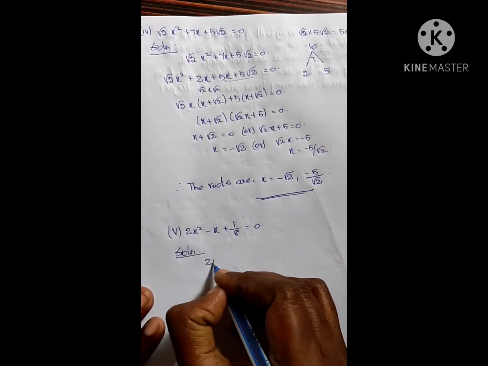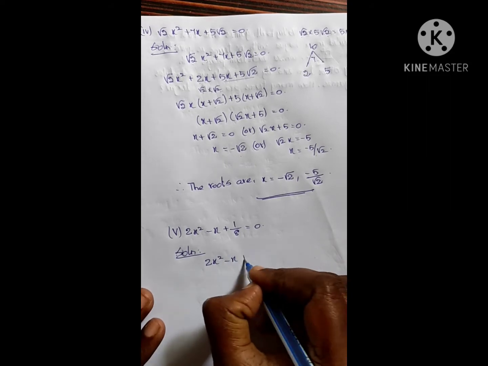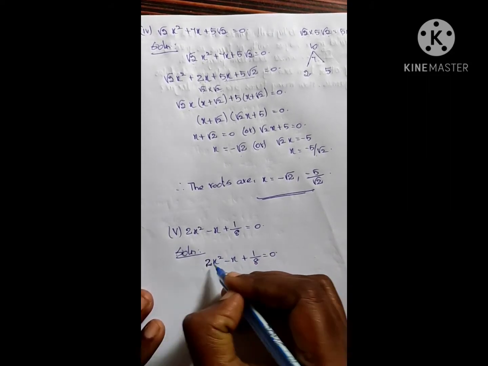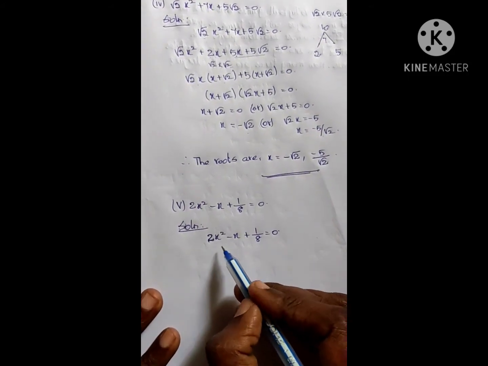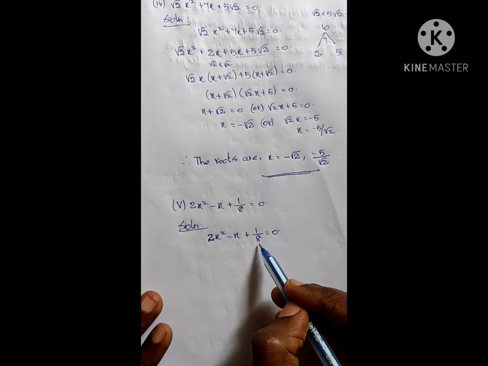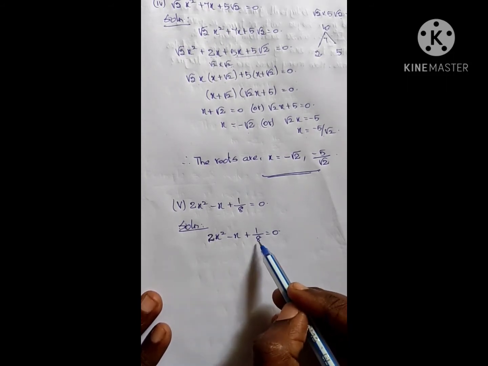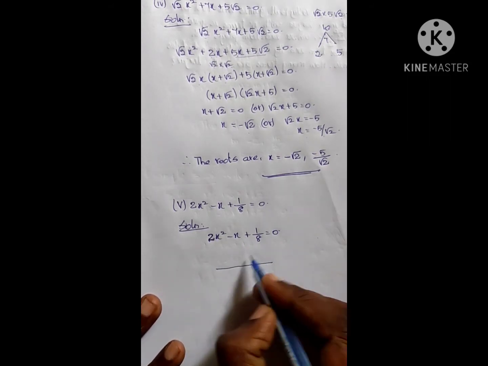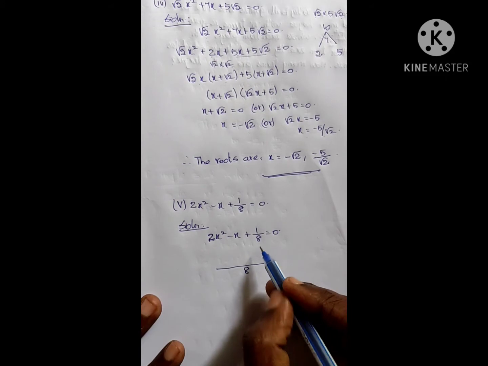So the question is 2x² - x + 1/8 = 0. Now see here children, for the constant term we have 8 in the denominator. So we have to take the LCM. The LCM is 8 only. So in the denominator we will write 8.